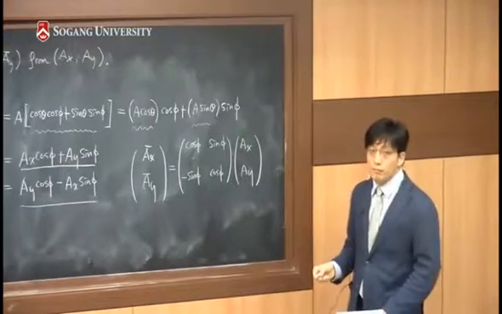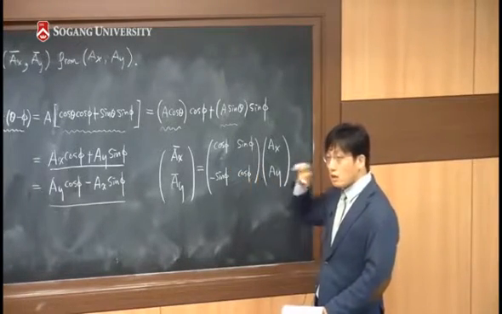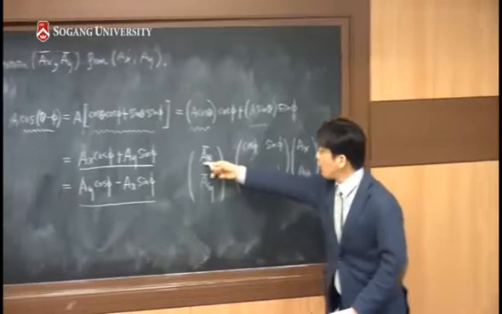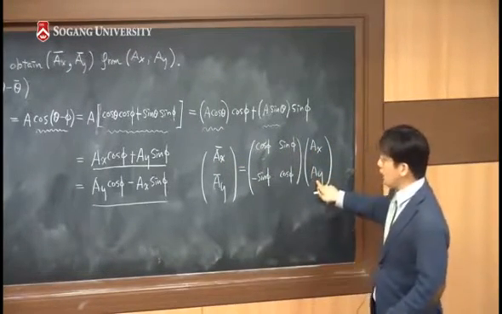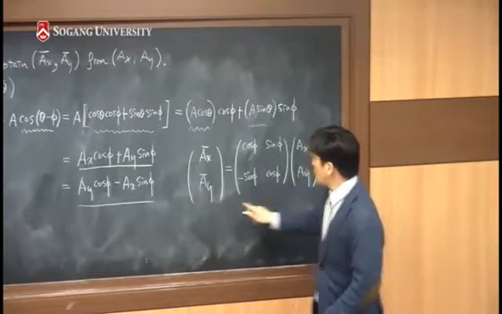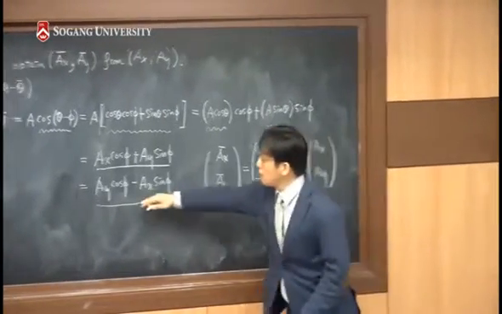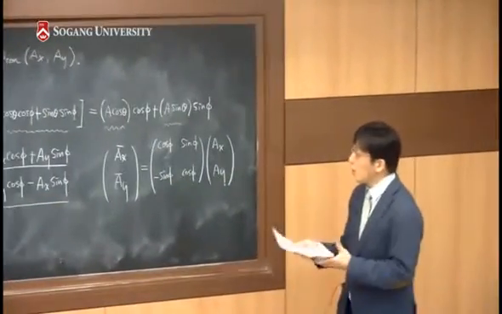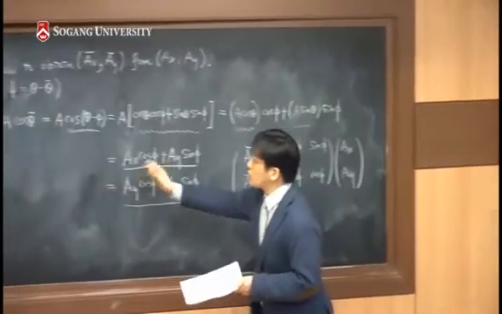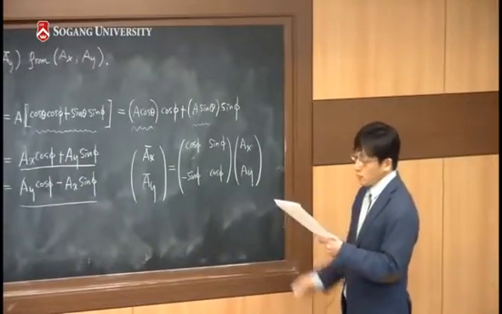Since you know the matrix product rule, a x bar will be this times this plus this times this, and a y bar will be this times this plus this times this. So this is nothing but a new representation of writing our two equalities in a simpler way.